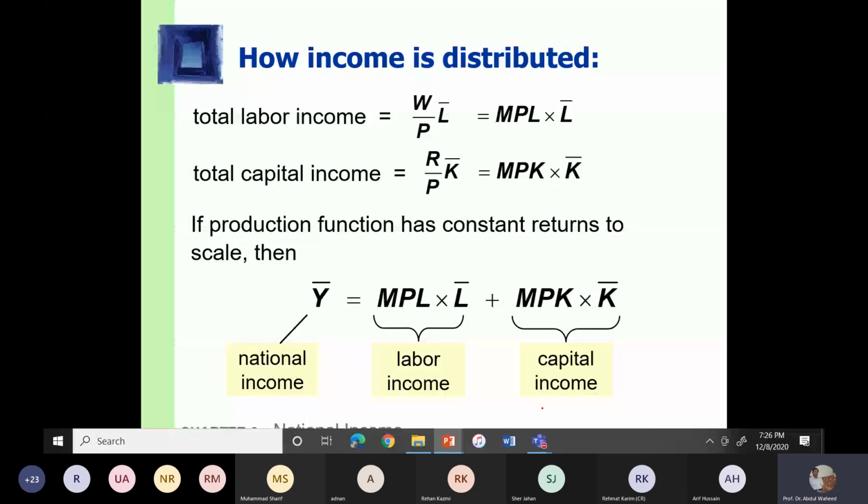So I think you got the point how income is distributed. It depends on the productivity of factors. So if labor are more productive compared to capital, it means a greater share of national income will go to labor. And if capital are more productive than labor, then a greater share of income will go to capital.